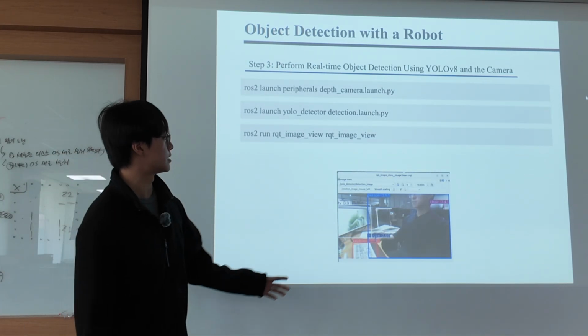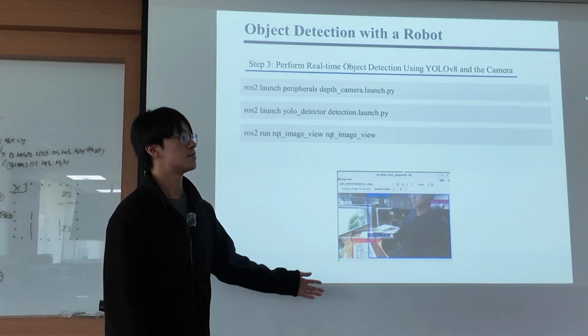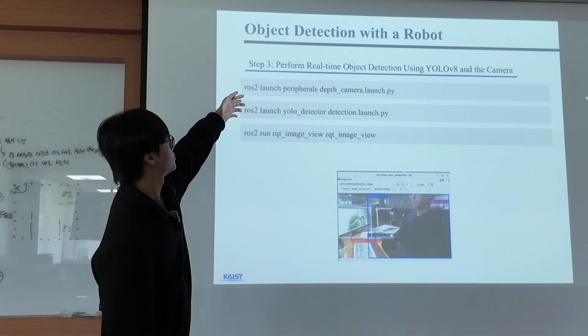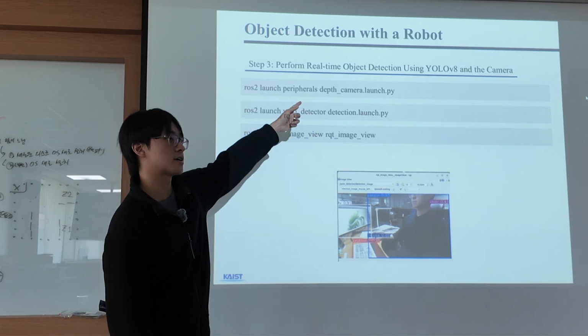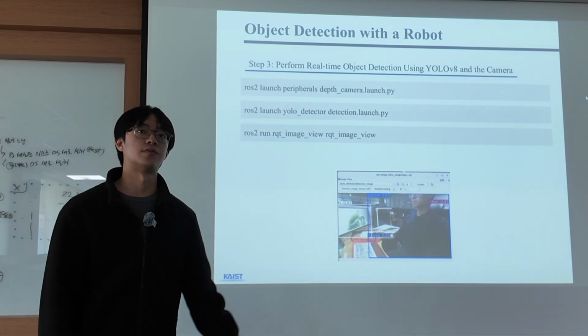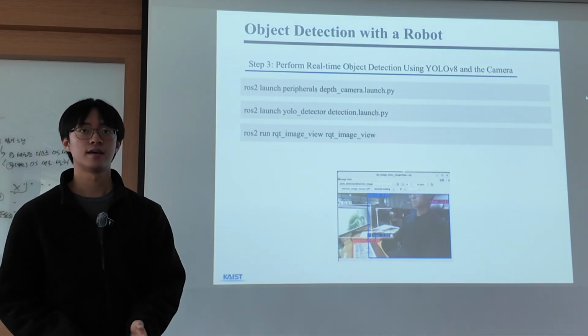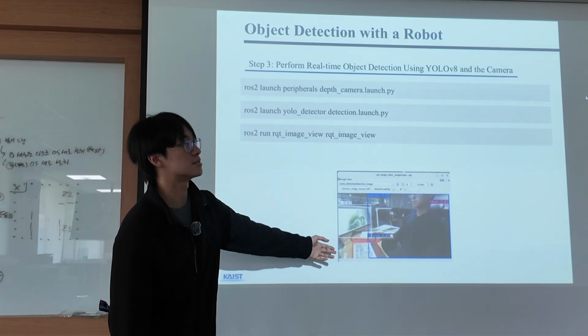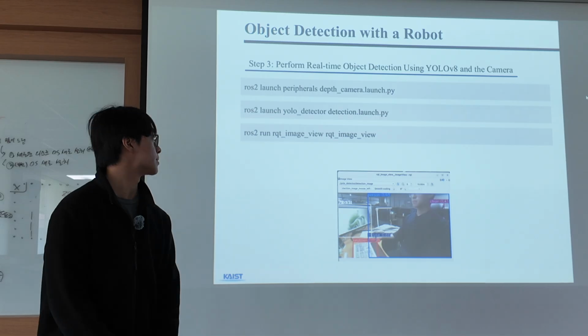You will run this kind of YOLO package node. To do that, run the depth camera launch file and the detection launch file, so that both the camera and the YOLO node are running. Then you will see the object detection program.